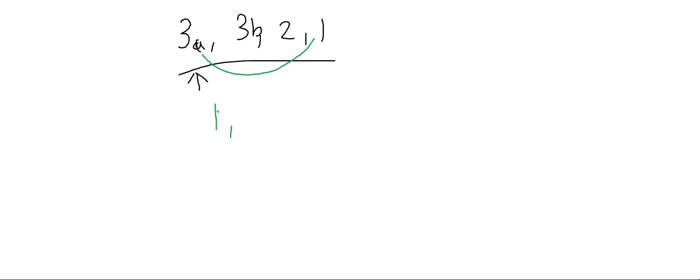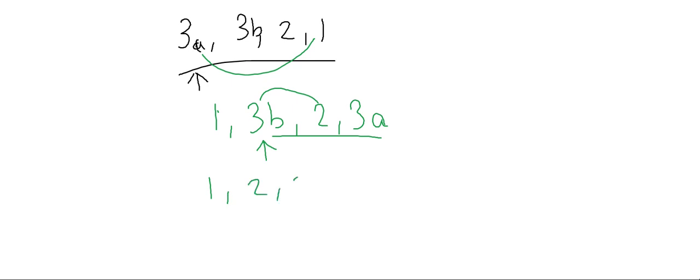So now the resulting array will be this one, right? And then my pointer is here. I'm going to find the minimum and swap these two. So the resulting array will be this, right?